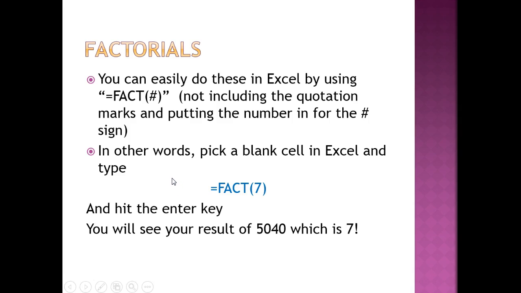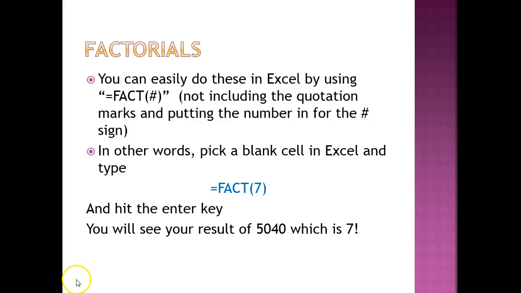You can easily do these in Excel by typing in equals FACT, not including the quotation marks, of course, and just putting the number there. In other words, pick a blank cell in Excel and type equals FACT 7. It'll give you 7 factorial.